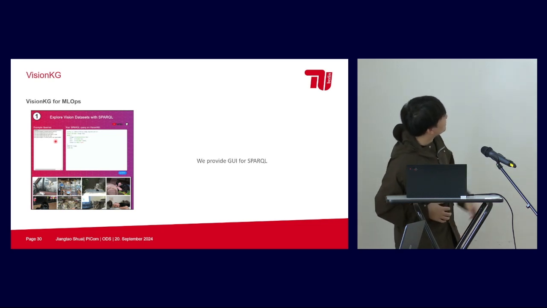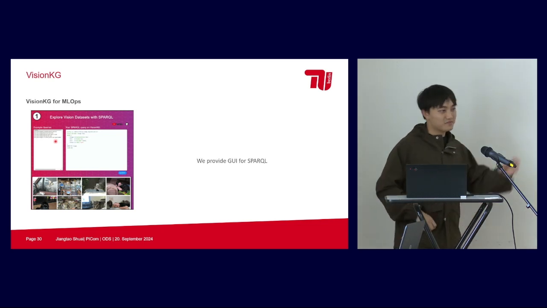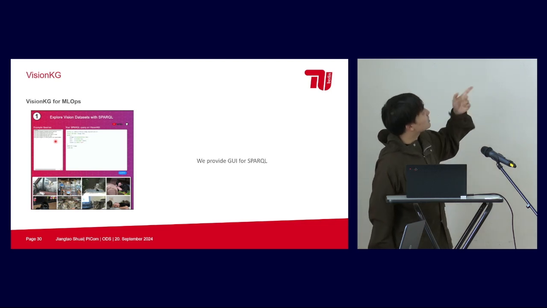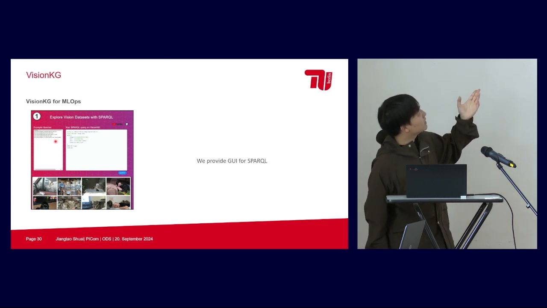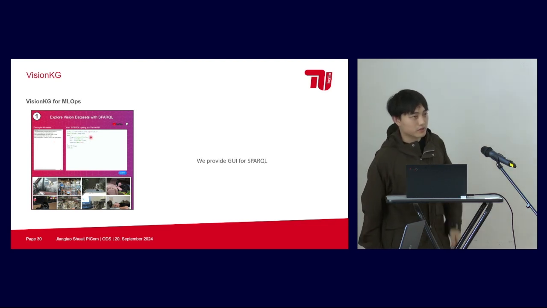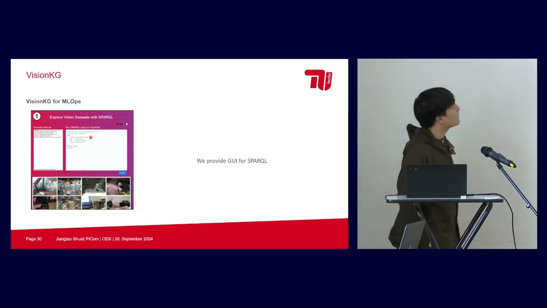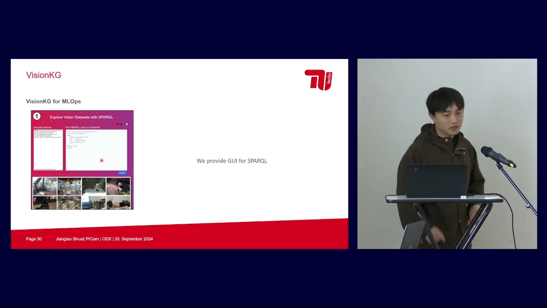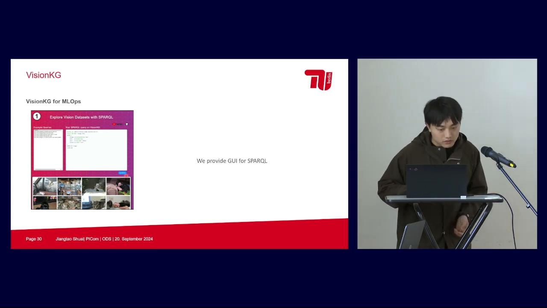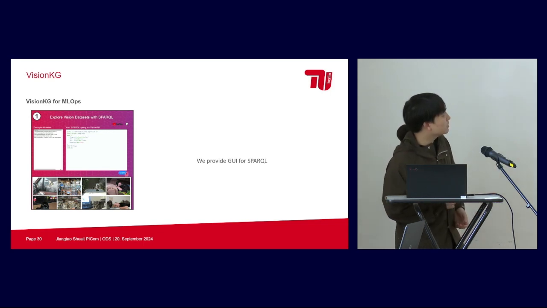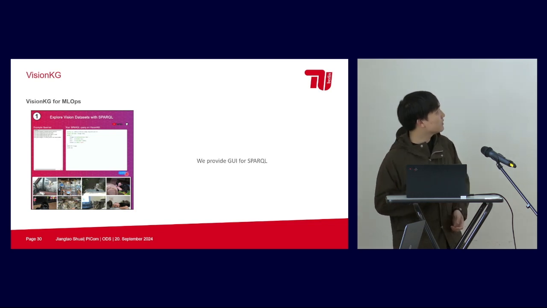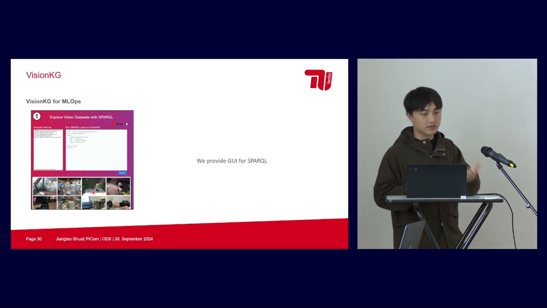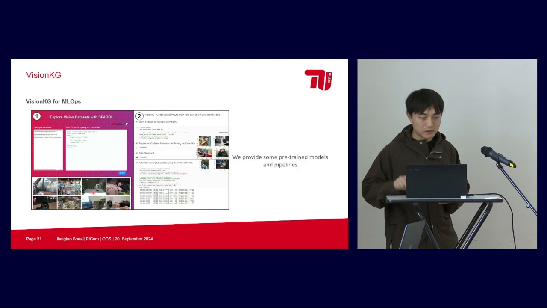The user just needs to send these example queries, and the language model will generate the SPARQL query. This SPARQL query can be used for Vision KG. Then you just click the query button, and you get the results for the data. Then you can use these images to train your model.